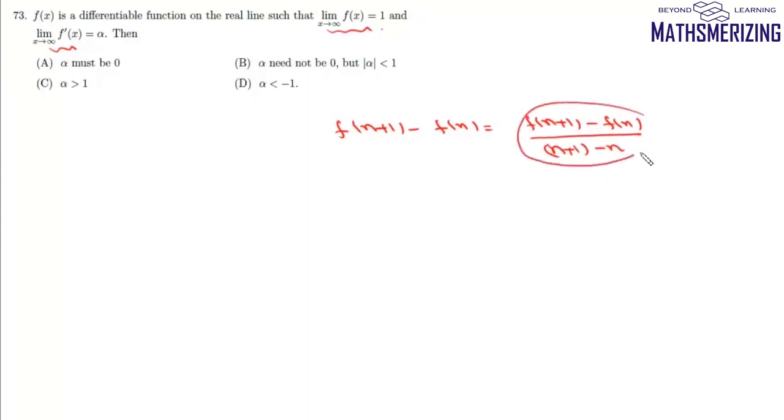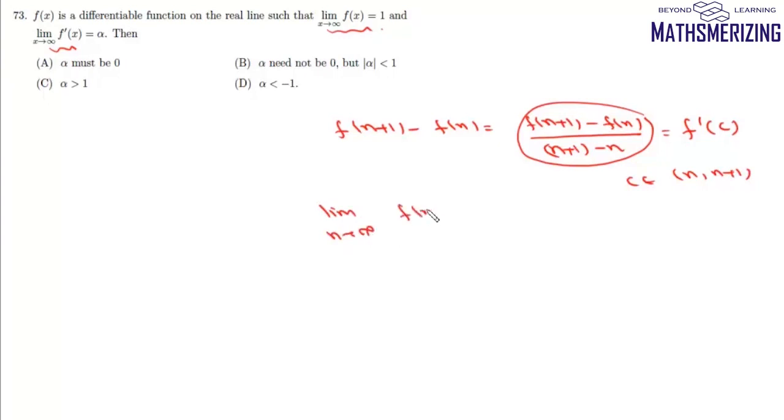Now this is nothing but the slope of this function at some point. This is equal to some f dash c where c belongs to (n, n plus 1) using Lagrange's mean value theorem.